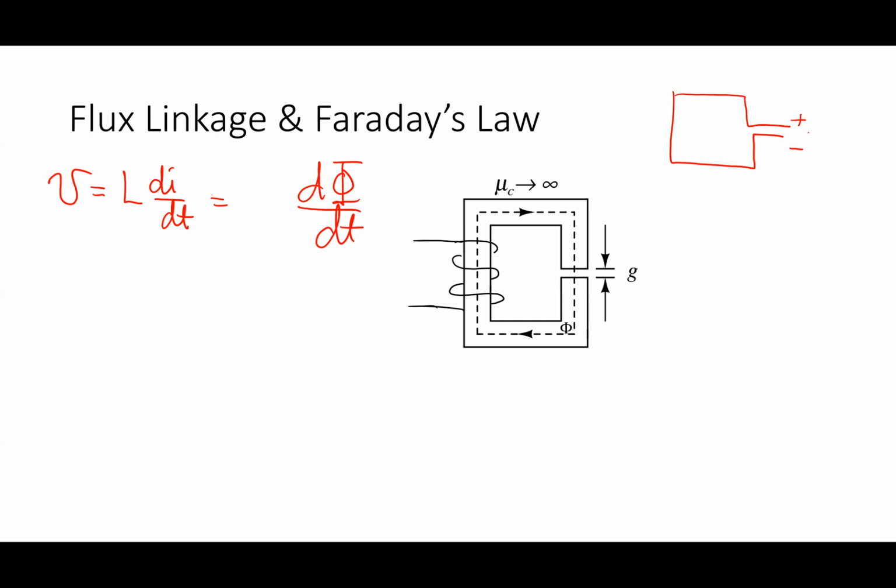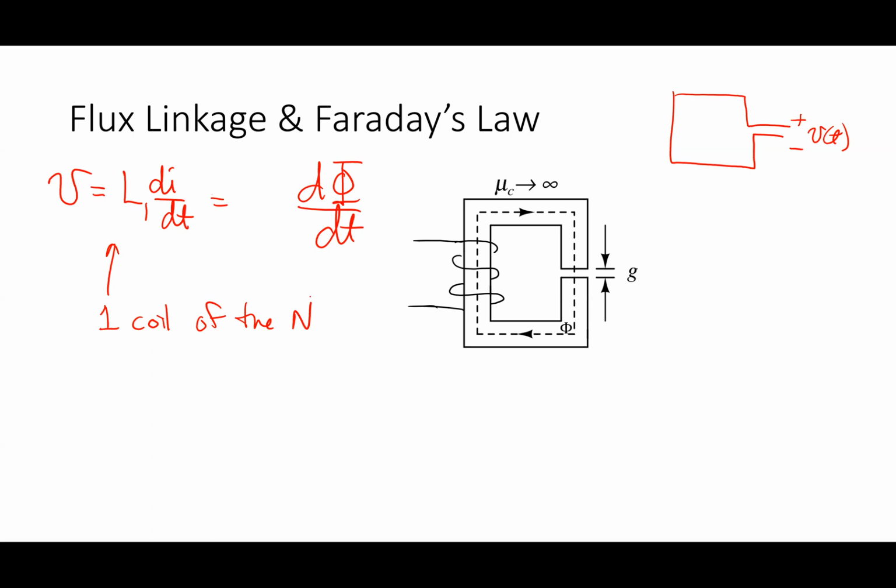There's a voltage at its terminals if there is a field going through it. All right. So basically, V equals L di dt comes from d flux by dt. This right here applies to just one coil of the N, right?